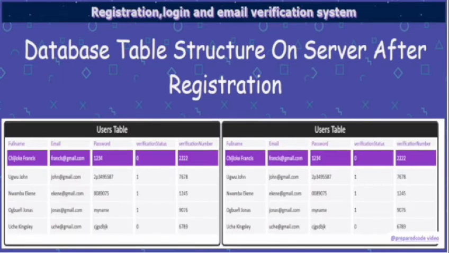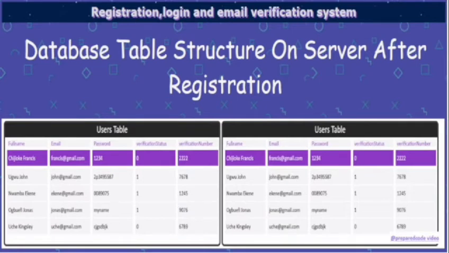Now, remember, whenever you register on a system like Facebook or Twitter, Instagram, or some other systems you may name, you realize that they will send a verification number, an email verification number, to your email. If you are using a phone number, they will send it to your phone.